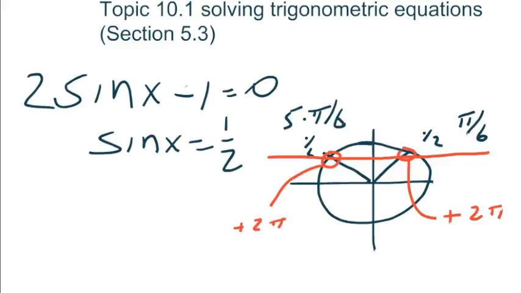So that means that as many angles as we want to find that also would have a sine of 1/2, we just do pi over 6 plus some integer multiple of 2 pi gives us a coterminal angle with pi over 6. Similarly here, 5 pi over 6 plus some integer multiple of 2 pi gives us a coterminal angle with 5 pi over 6, which would also have a sine of 1/2.